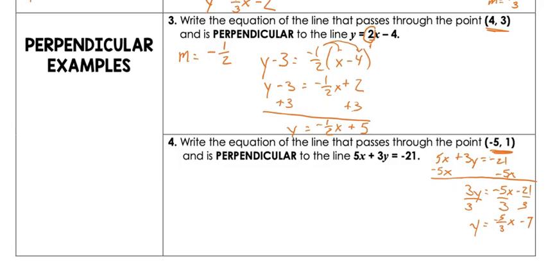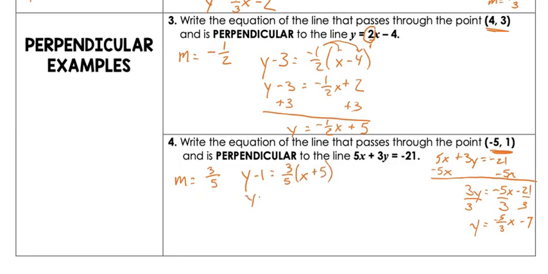And I am looking for the slope. My slope here is -5/3, but I want the reciprocal and the opposite. So instead of using -5/3, I'm going to use a slope of +3/5 because I want perpendicular. So we'll set up our equation. Y minus 1 equals 3/5 in parentheses x plus 5.